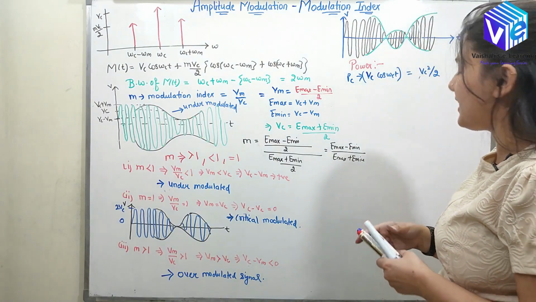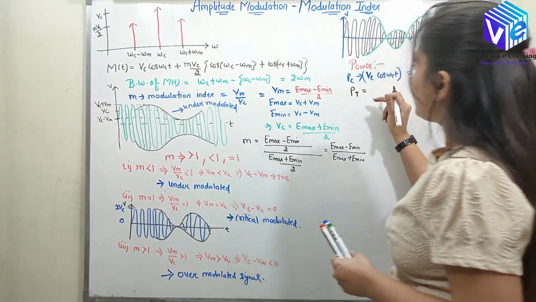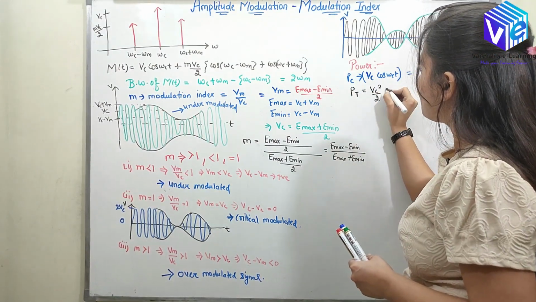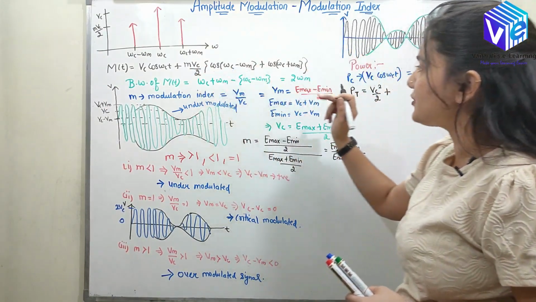If I have to find out the total power, Pt would be equal to the power of the carrier signal, which is Vc square upon 2, plus the power of this sideband cos (omega c minus omega m).